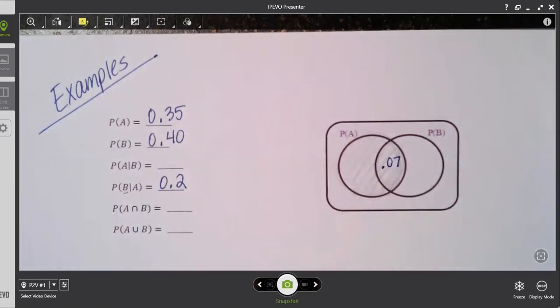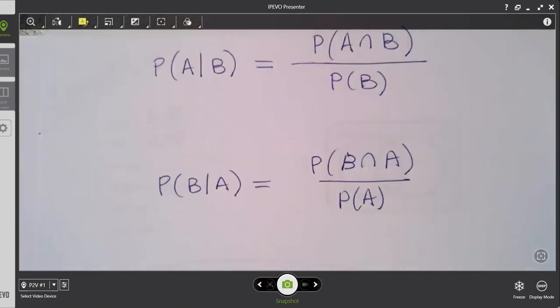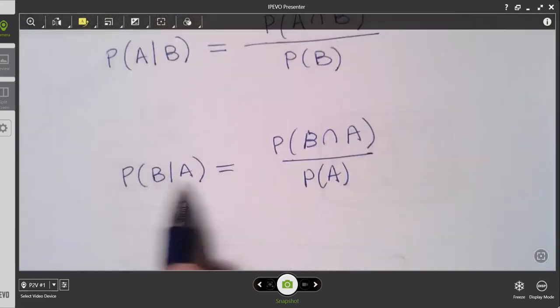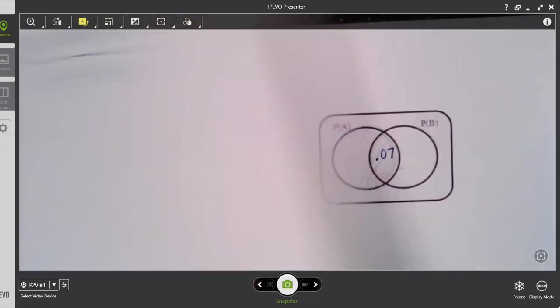Okay, that goes with this equation here. Probability of B given A is probability of both of them together divided by A. This is the 0.2.